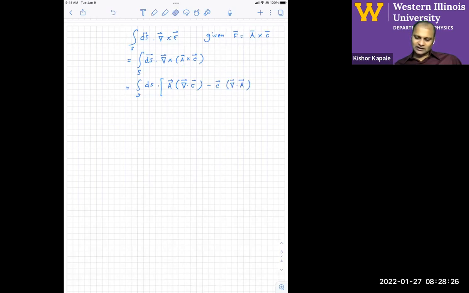And then C, AB. So that's that. But you're also going to have a couple other terms because it's a derivative operator. And the other terms are going to be C dotted with the gradient applied to A minus A dotted with the gradient applied to C.